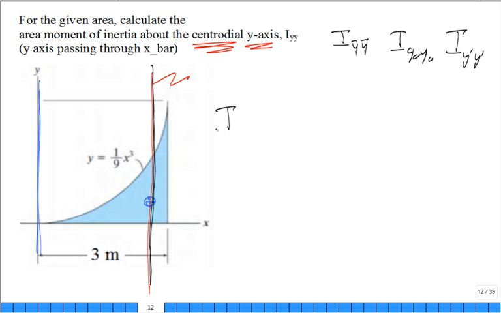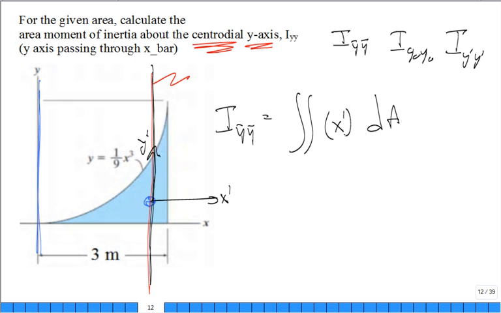Would it be something like I sub y bar is equal to the integral dA of the distance? I almost introduce a new, local coordinate system. Call this the y prime and the x prime coordinate system. X prime squared dA? Let me ask you this.